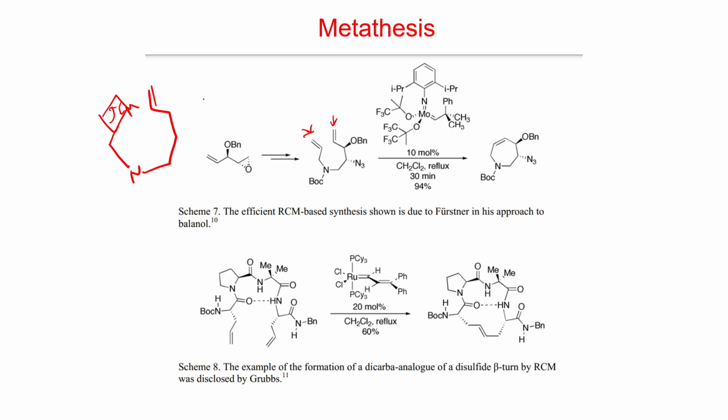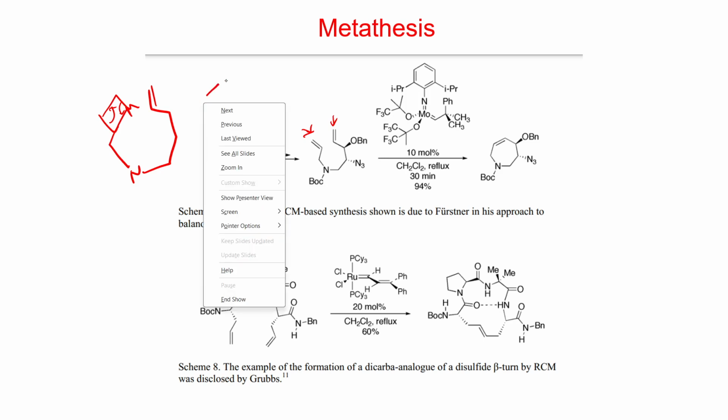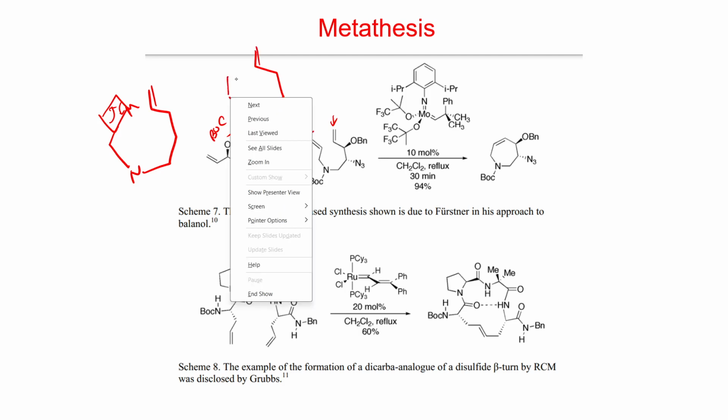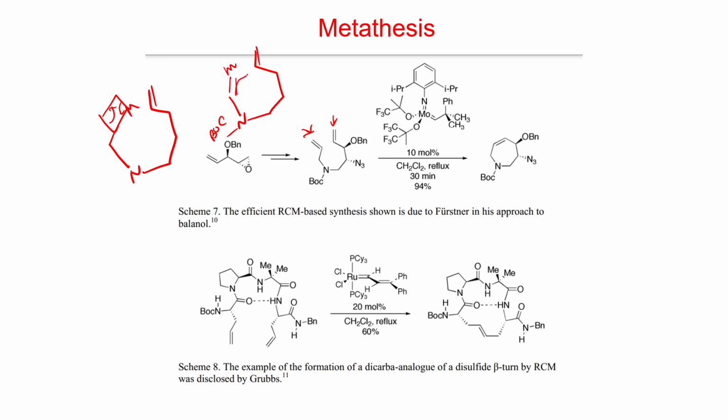Now that molecule would be removed from your system and you are going to have, followed by the mechanism, we're going to make that one carbon bond here and end up with this particular seven member ring. And that's how they made this particular seven member ring.